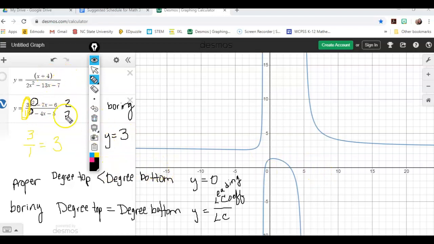And if it's an improper fraction that's the boring type, where the top and the bottom are the same degree, then we say the leading coefficient divided by the leading coefficient. That is going to be where our horizontal asymptote is. If it does happen to be an improper fraction, where the top is larger than the bottom, then it does not actually have a horizontal asymptote. It has something else, and we will talk about that tomorrow.